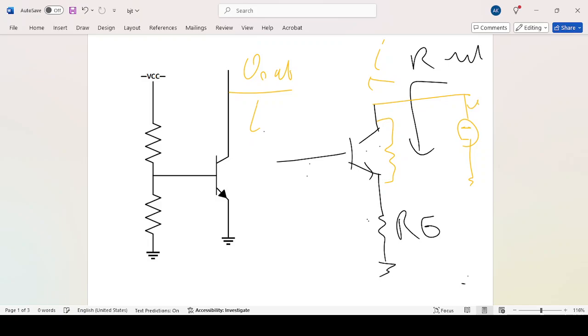This is V out. So how can we find out that by adding RE we have a higher R out? This is a very nice question to ask without using equations and everything. You will see if you increase the voltage over here through the R out, the voltage over here will increase.